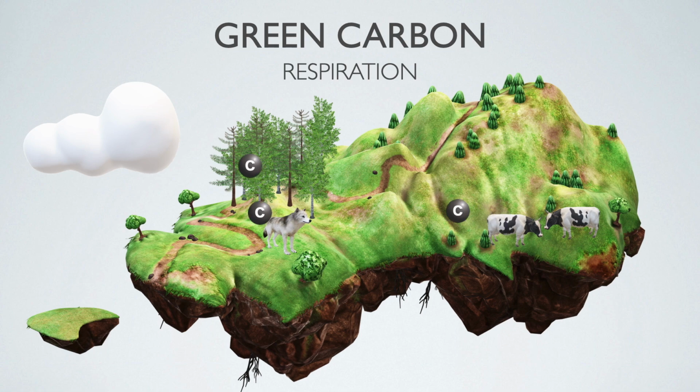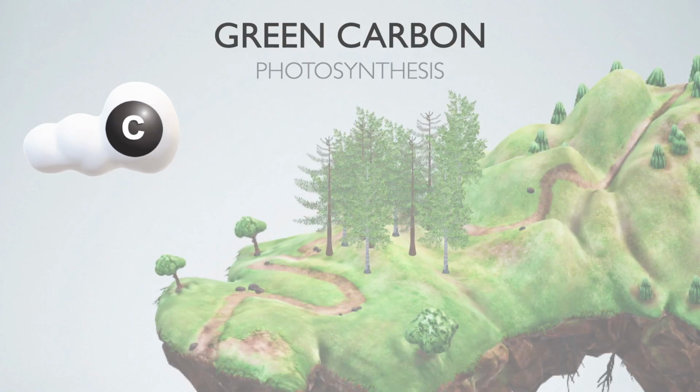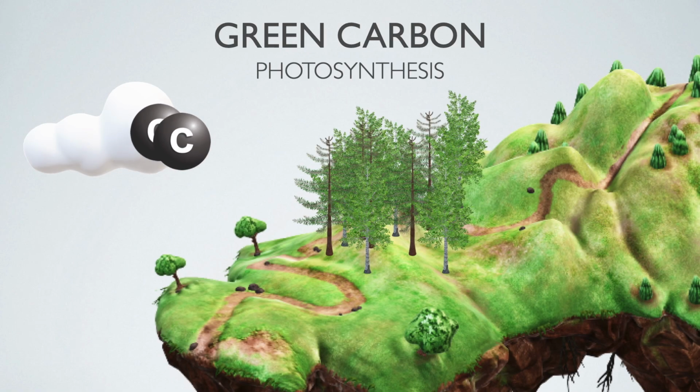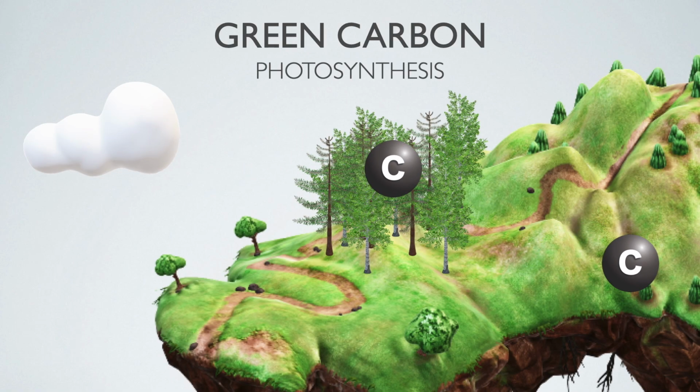This exchange happens when carbon is given back to the atmosphere through the respiration of plants and animals. Respiration must occur for both plants and animals to stay alive and function. This exchange also occurs when carbon is taken from the atmosphere by the photosynthesis of plants.